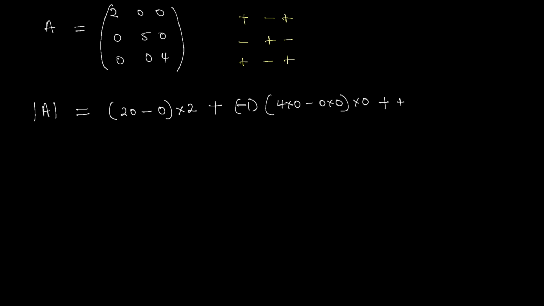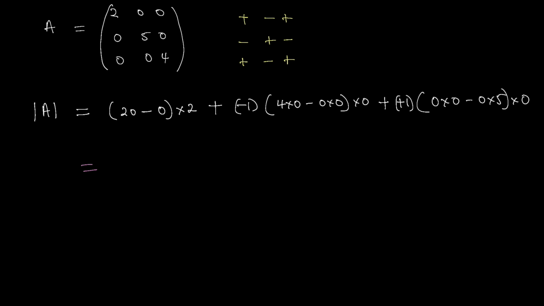It will be plus 1, open bracket. I'm doing that and that, so what's left is 0, 0, 5, 0. We're going to do 0 times 0 minus 0 times 5, right? So that'll be minus 0 times 5, and then times the element concerned. The element is 0.